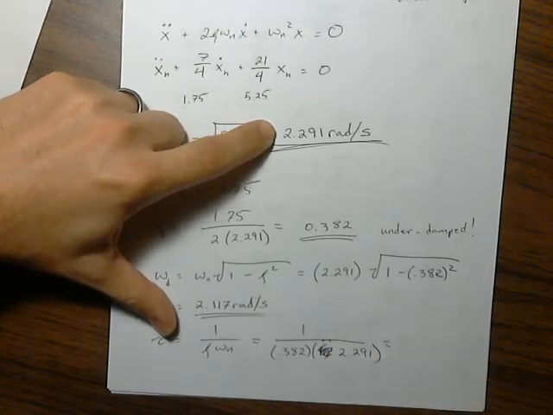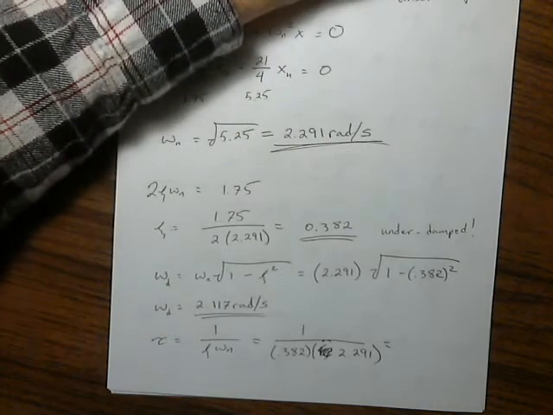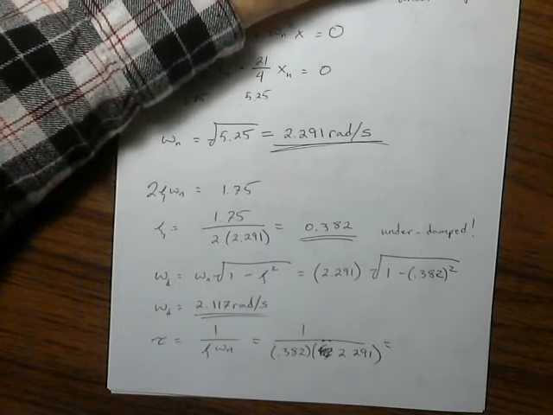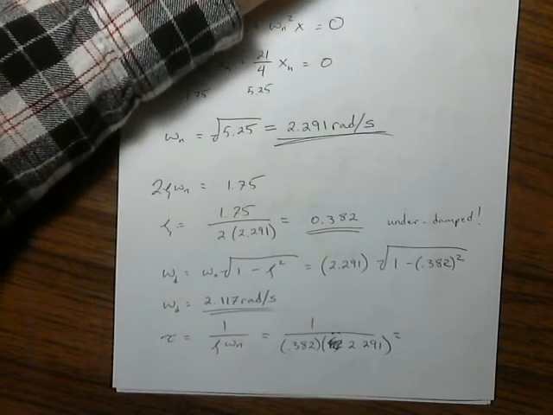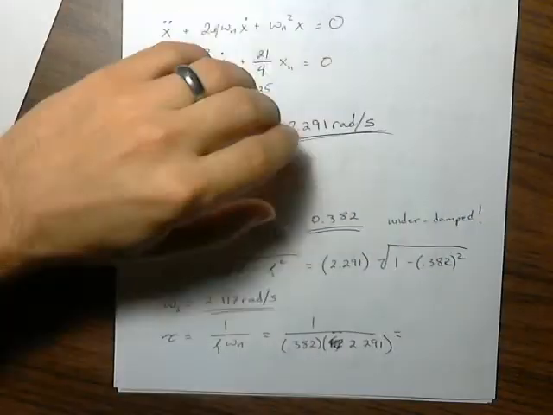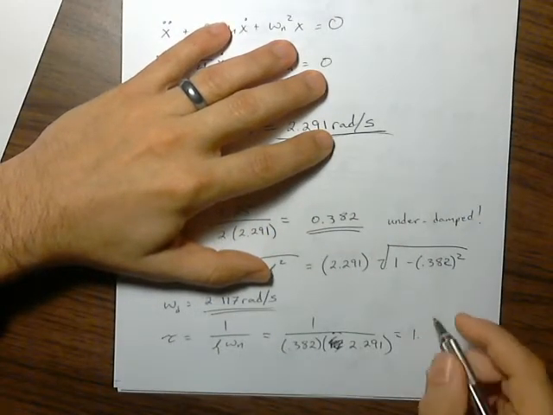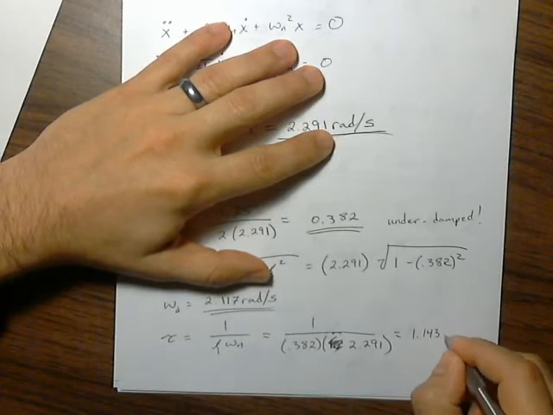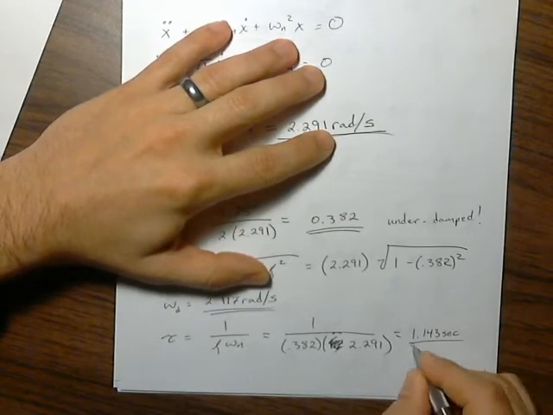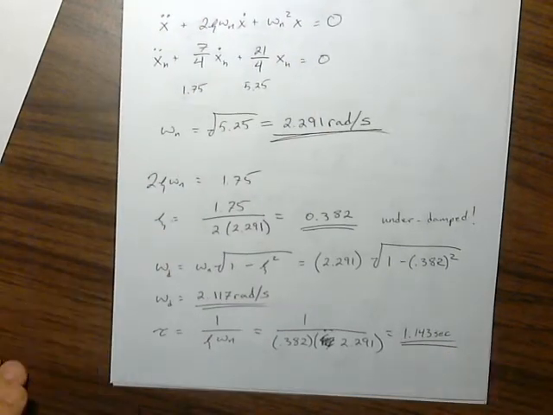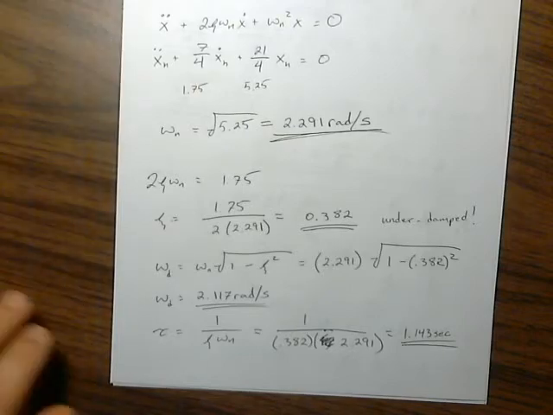Handy dandy calculator. I get that to be about 1.143 seconds. So it's a pretty slow system. If this is an electrical system, it's a honkin' big one. This is a slow system.